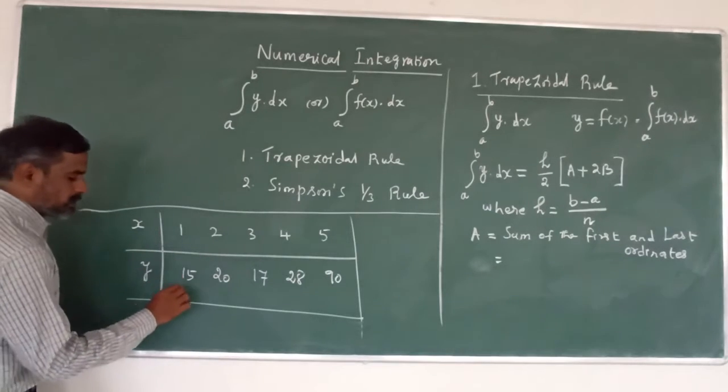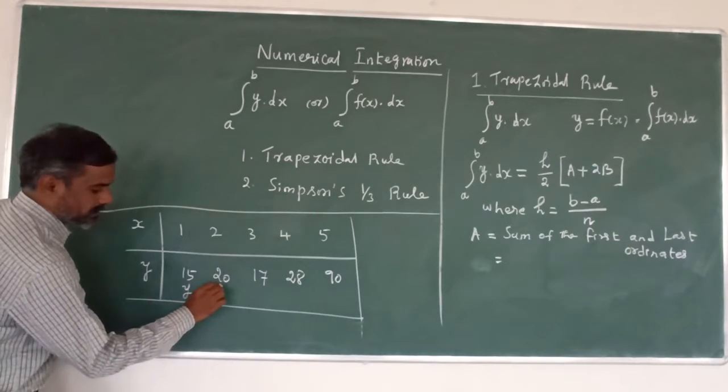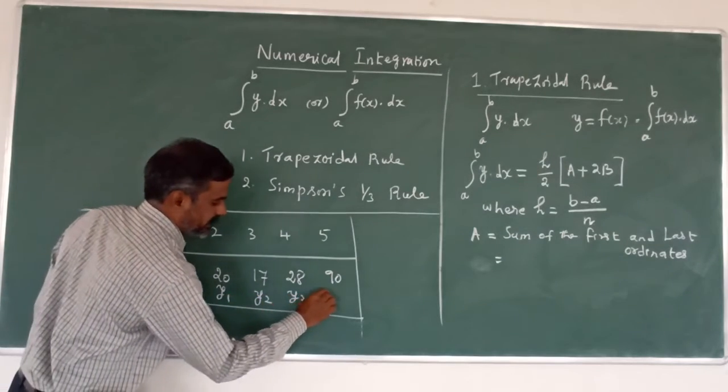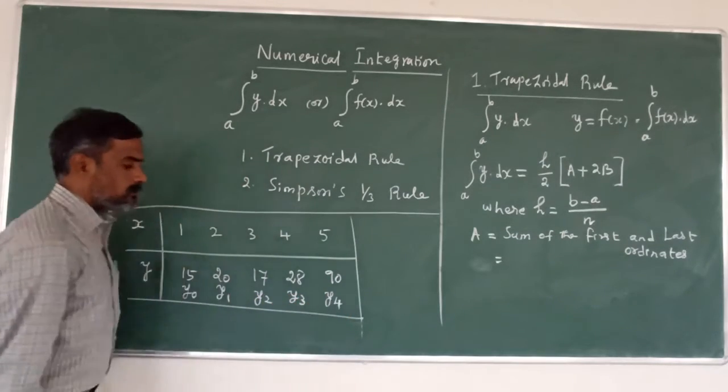Now this is y0, this is y1, this is y2, this is y3 and this is y4.